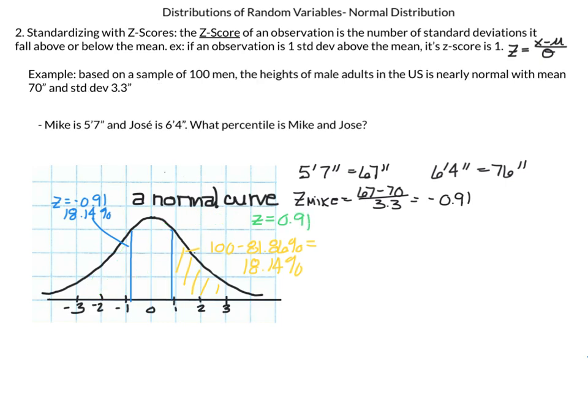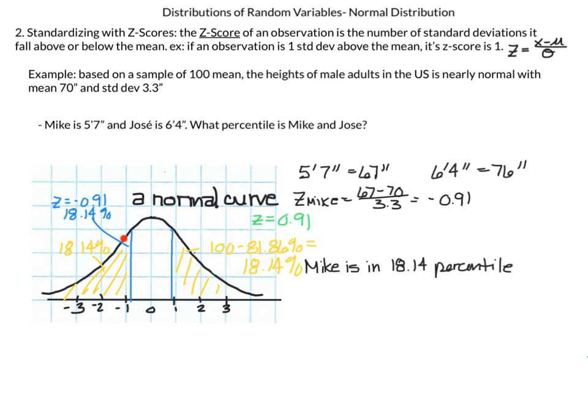And remember, by symmetry, this half of the graph looks like this half of the graph. So if we use negative 0.91, this is also going to be 18.14% of the graph, which tells us that Mike is taller than 18.14% of the people. So he's in the 18th percentile.